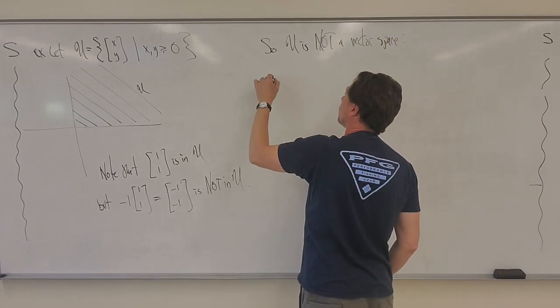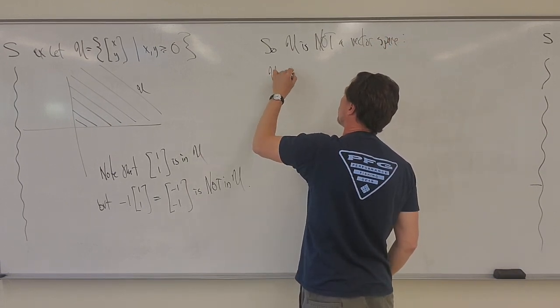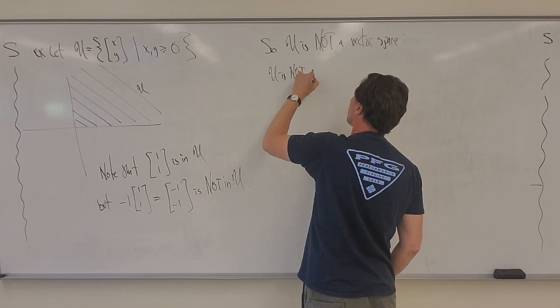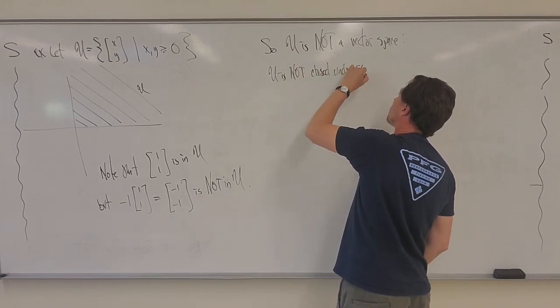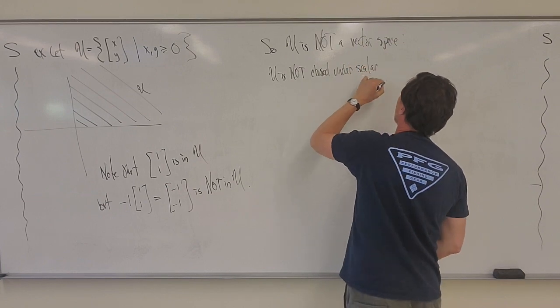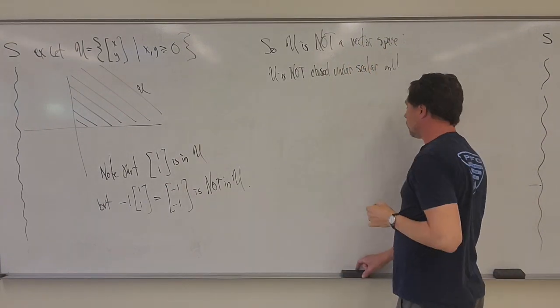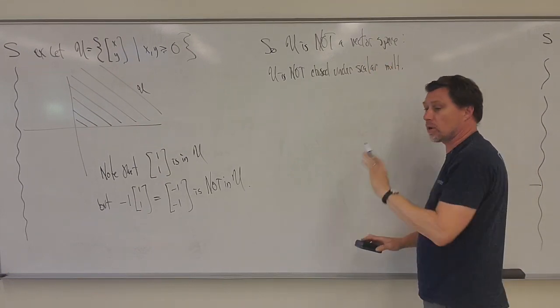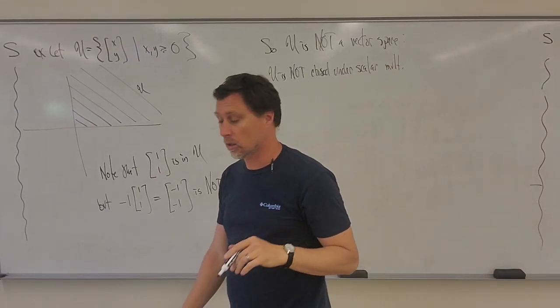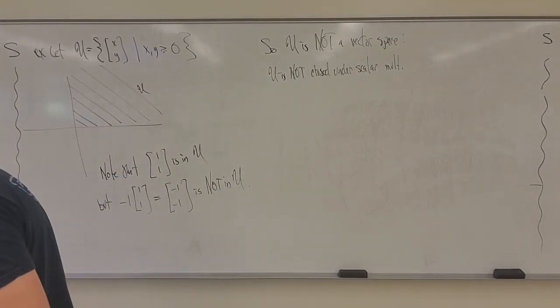Why not? U is not closed under scalar multiplication. As soon as it fails one axiom, it's all over. It's no longer a vector space, or it can't be a vector space.